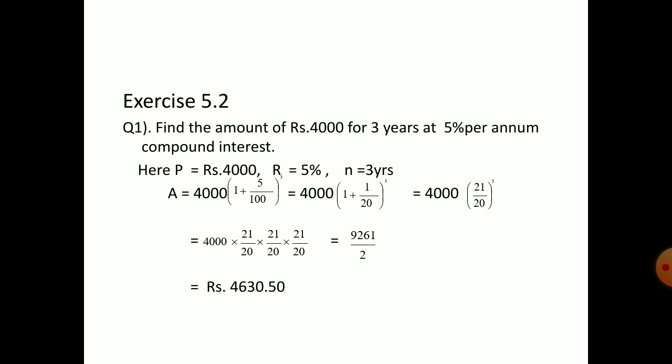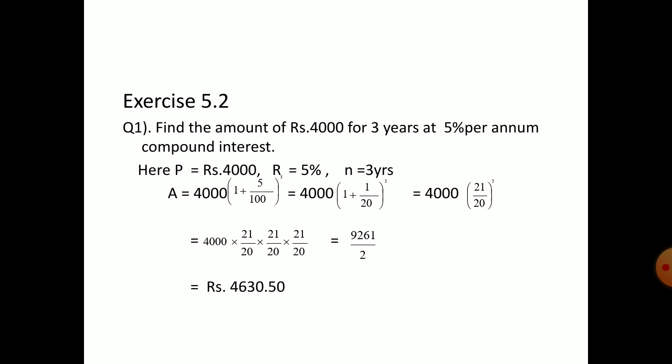Amount is equal to P into 1 plus R by 100 to the power n. So here we get this as 4,000 into 1 plus 5 by 100 to the power 3. Now what is 5 by 100 equal to? That is 1 by 20. So we'll get it as 4,000 into 1 plus 1 by 20 to the power 3.